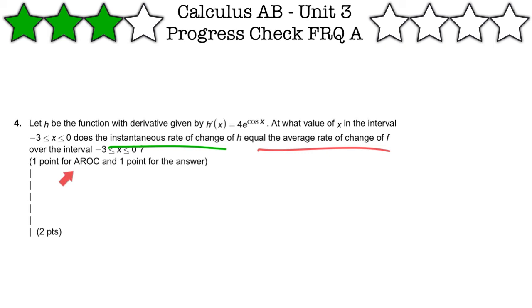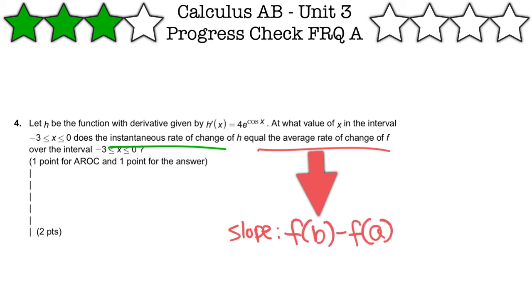There's 1 point for the average rate of change and 1 point for the answer. Recall that the average rate of change of a function is simply slope. So the average rate of change of f from a to b is f of b minus f of a divided by b minus a. The difference in the y values divided by the difference in the x values. So that's what you'll calculate first and get a point for.